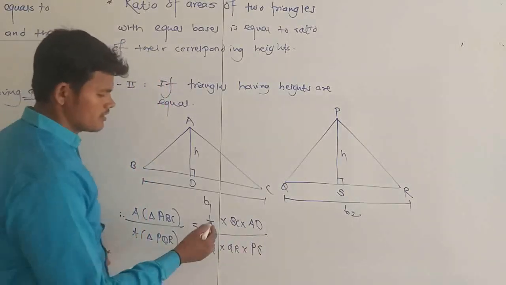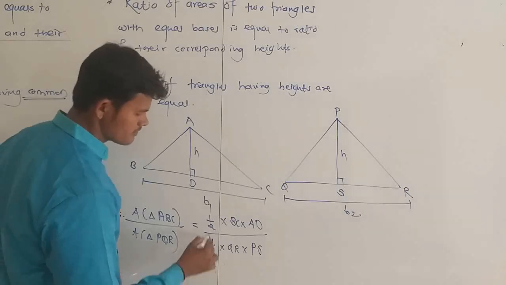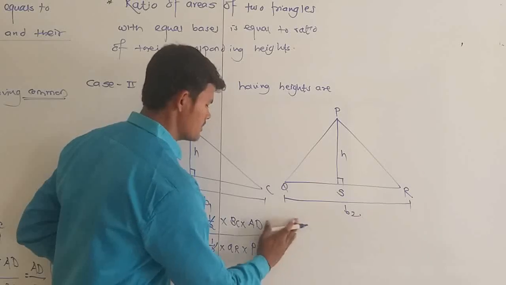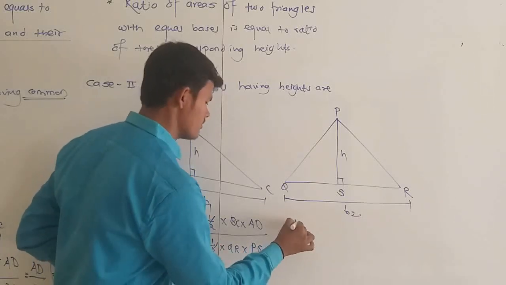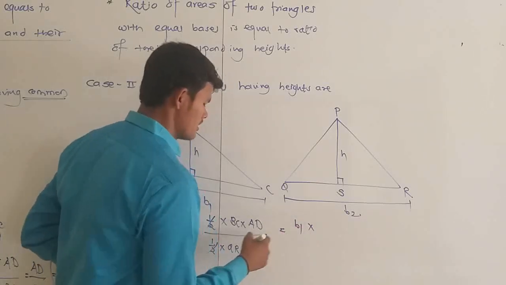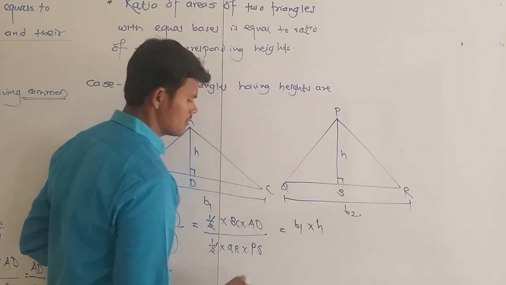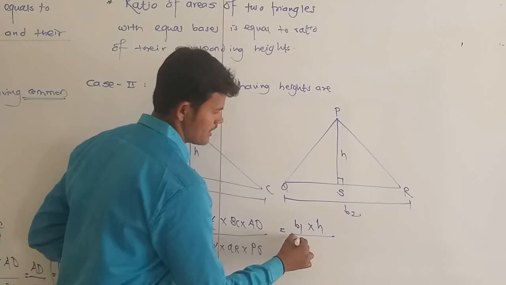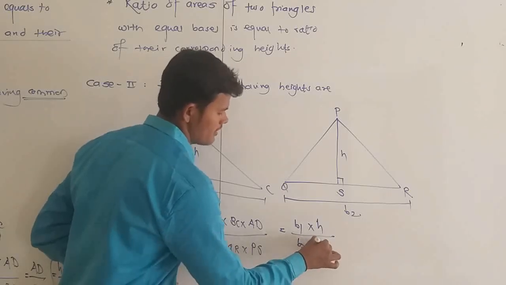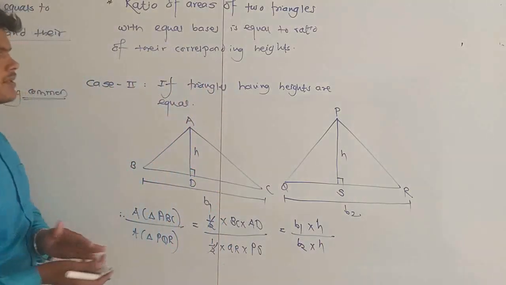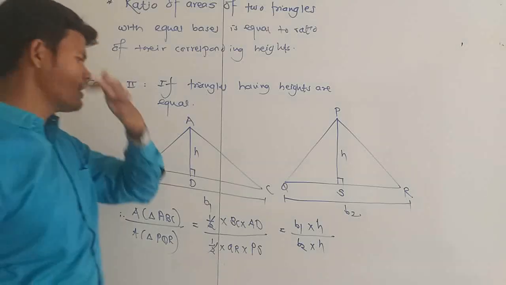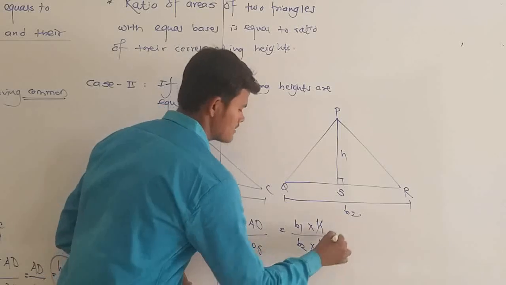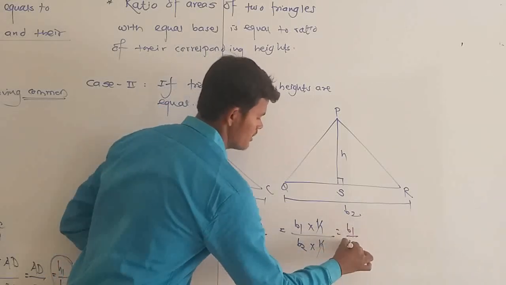Here the halves get cancelled. BC is nothing but the base of the first triangle, that is B1, AD is the height of the first triangle, and QR is the base of the second triangle, that is B2, multiplied by H. PS is the height of the second triangle, but the heights of both triangles are equal. So here H is cancelled, and we get only B1 upon B2.